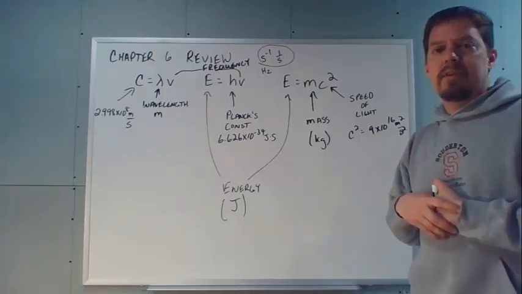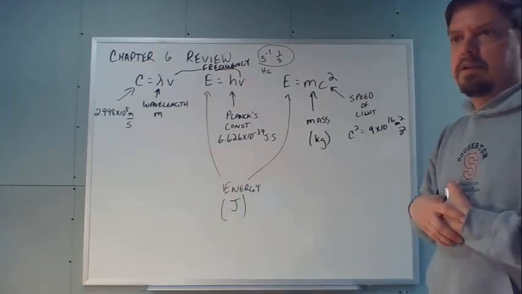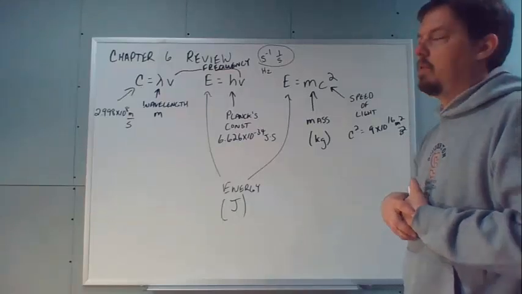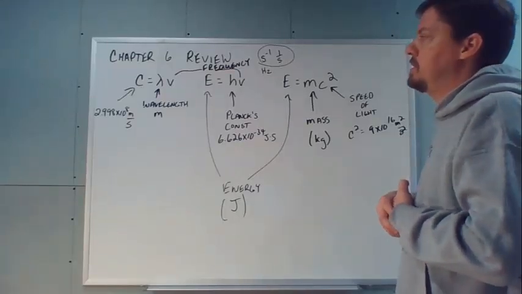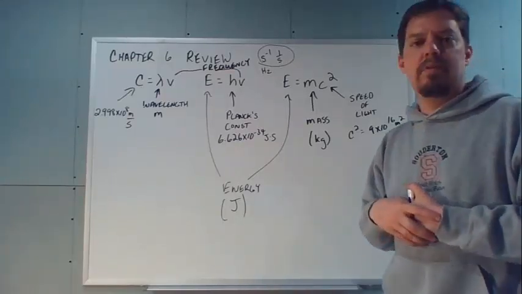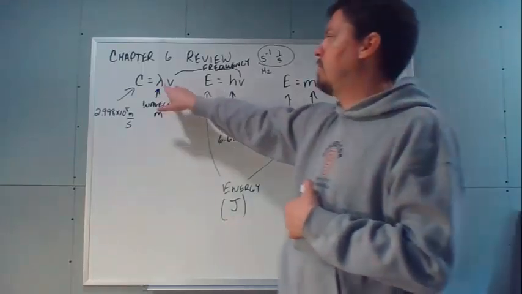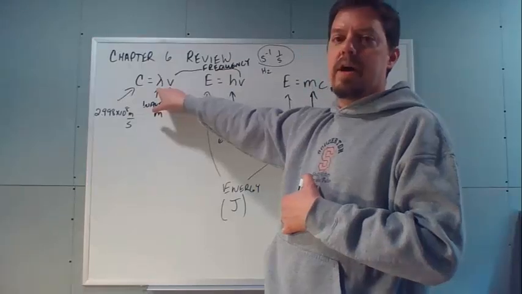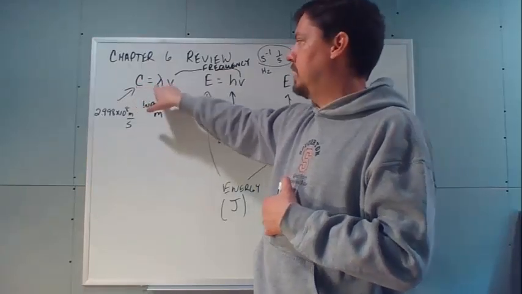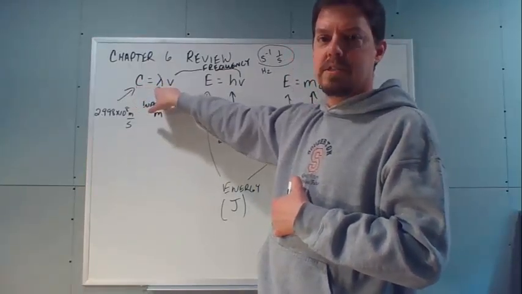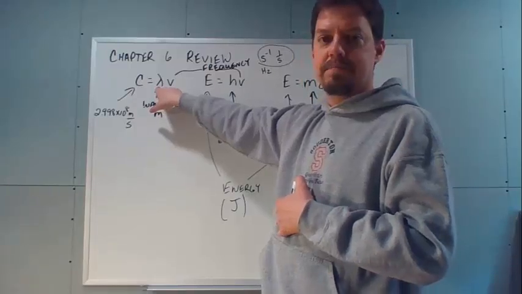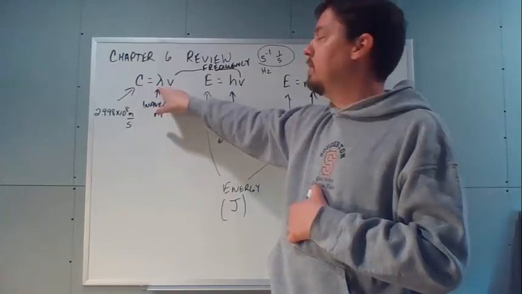The real important thing, and I know this year we don't have multiple choice, but the real important thing is to be able to look at these equations very rapidly and determine whether the relationship is direct or inverse. So remember, if your variables are multiplied like they are here and equal to a constant, these are going to be inverse relationships. So as your frequency goes up, your wavelength goes down.